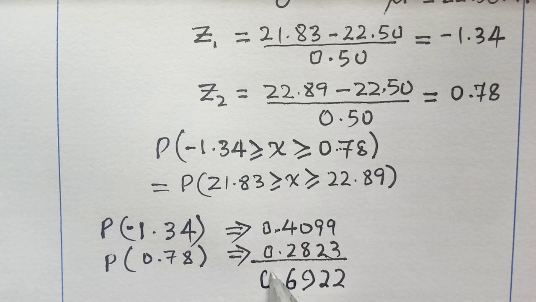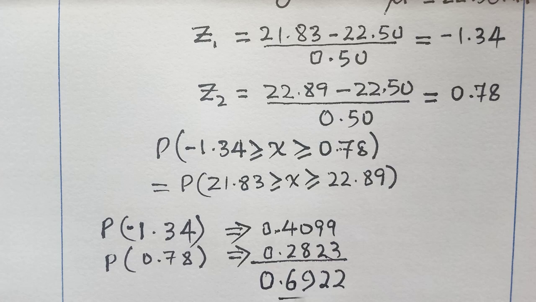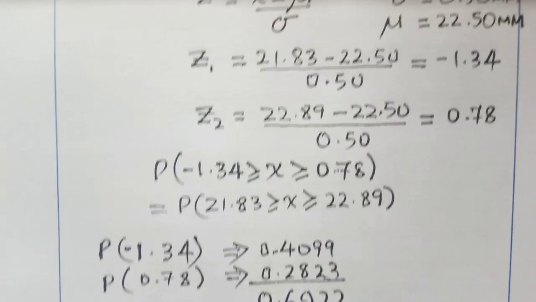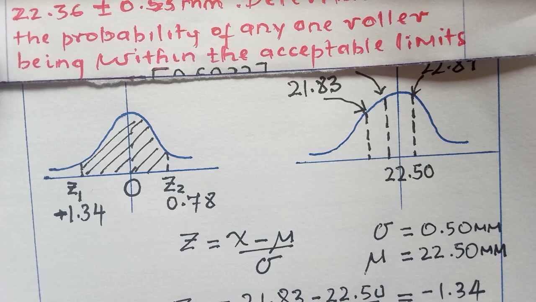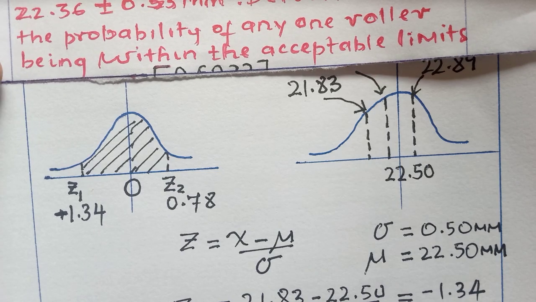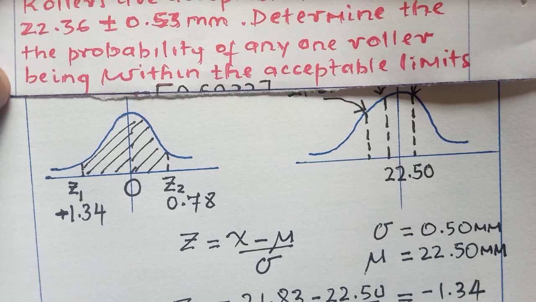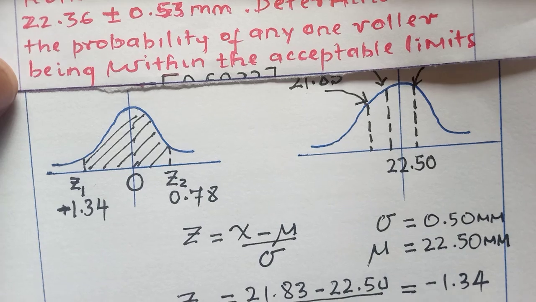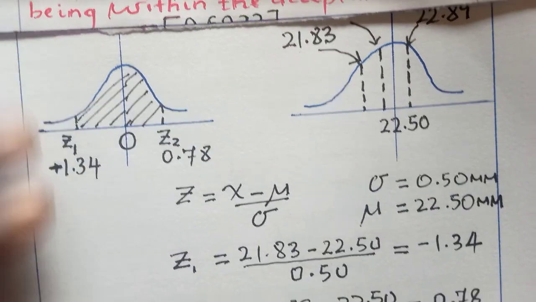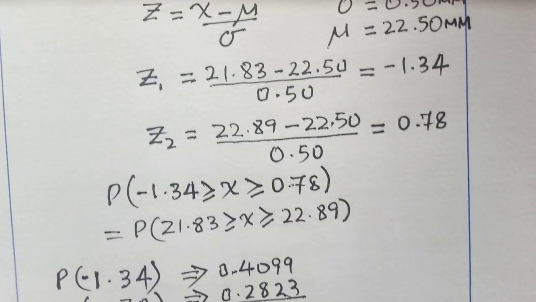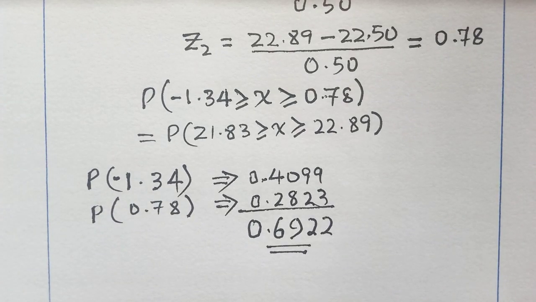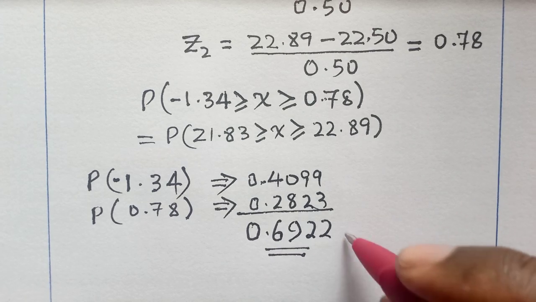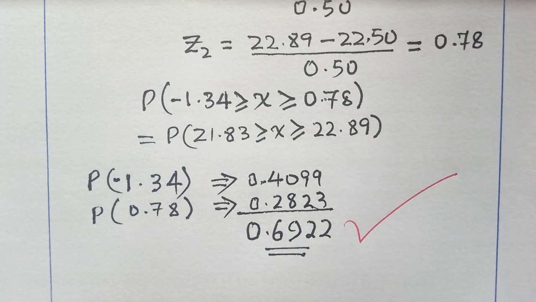So this is going to be the probability we are talking about: the probability of any one roller being within the acceptable limit. That is 0.6992. So guys, thank you for listening to me and see you next time. Bye bye.